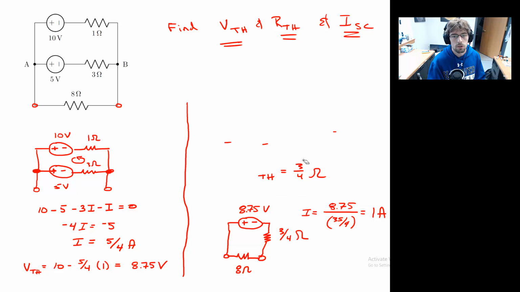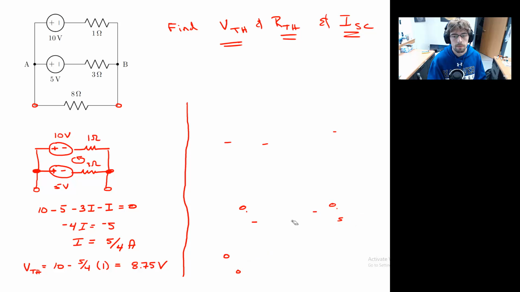Can we get the short circuit and get the Thevenin resistance the other way? Hopefully I won't regret erasing all of this later. Sure. Rather than deactivating the sources and finding the equivalent resistance, we could leave those sources in there.